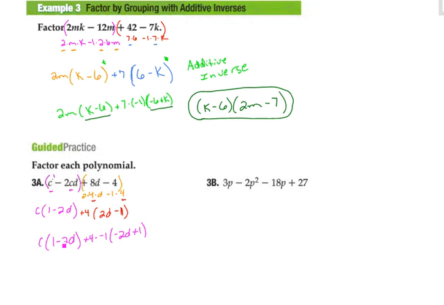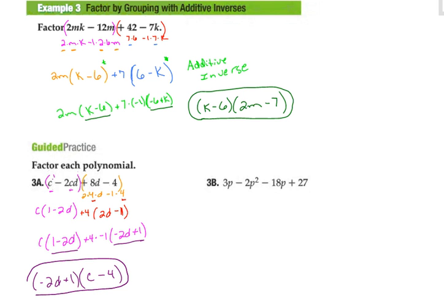Because now, again, I have a -2d. I have a positive 1 that we have in common. So I do have a common term that I'm going to rewrite as -2d plus 1. I distributed that out, and now I'm going to multiply that by the factors that were left over. A c, 4 times a -1 is a -4.